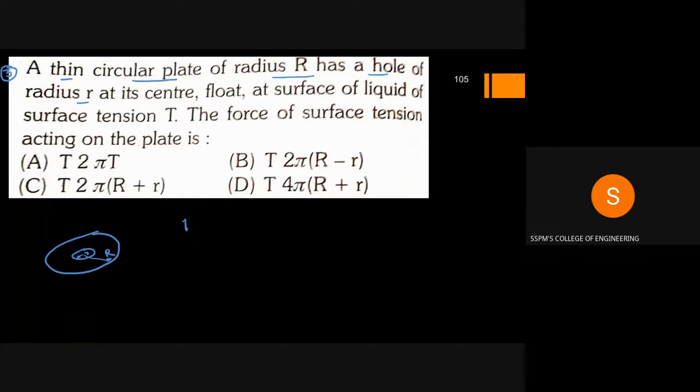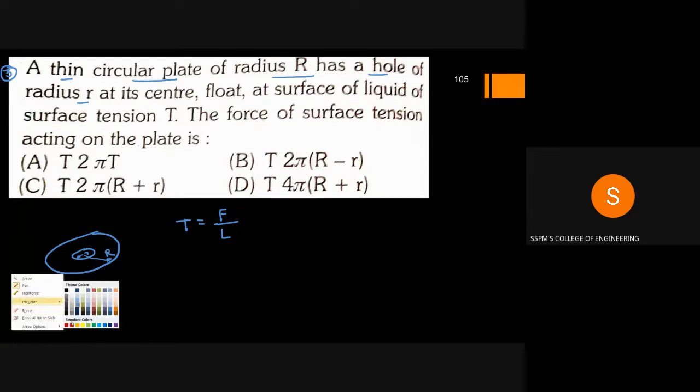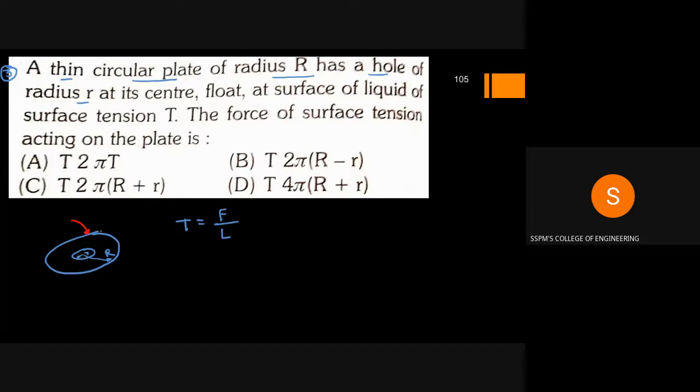So we have the equation surface tension is equal to F upon the total length, okay, on which the force will act. So here the total length on which the force will act is the external perimeter, and we have to consider the internal one also. So the L here is equal to 2 pi capital R, the external perimeter, plus 2 pi into small r.